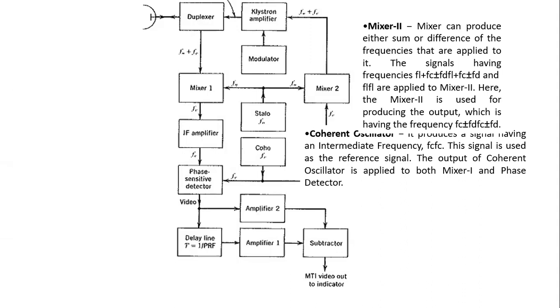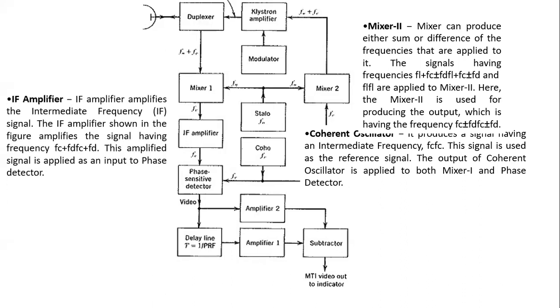In mixer 2, we are getting very high frequency oscillations again. So the difference of the Stalo and the COHO can be seen in mixer 2. Further, the IF amplifier, whose signal was produced by mixer 1, will amplify only the IF frequency that has been received because of the difference.